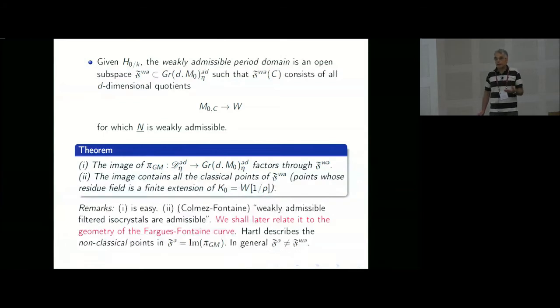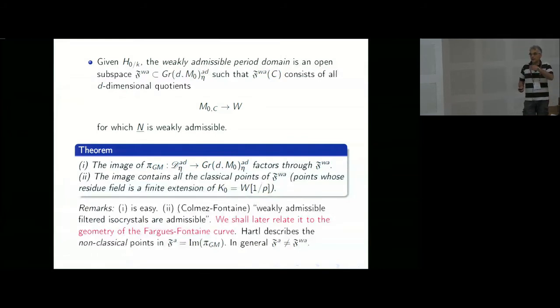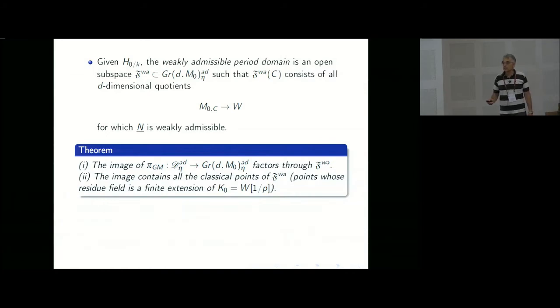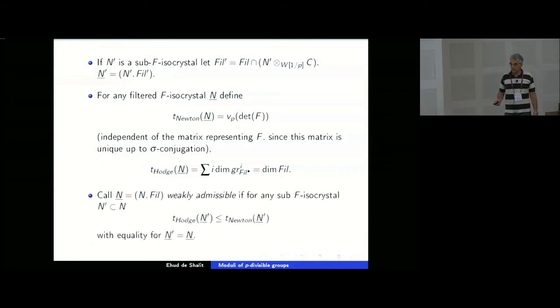It's not an algebraic map. And the image is contained in some open set that's characterized by this weak admissibility condition that we had on this slide.